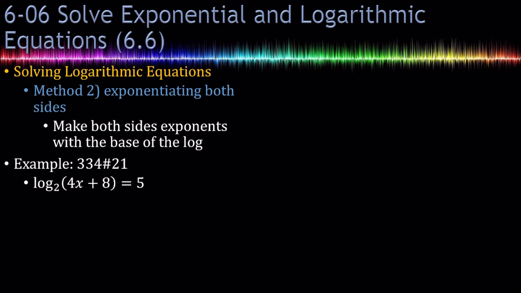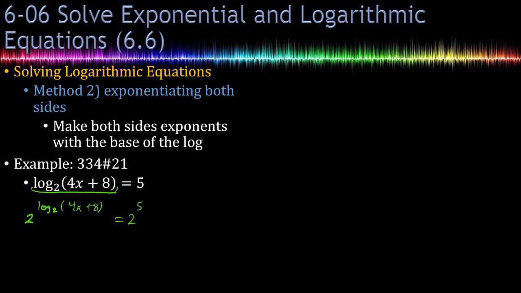We can't do method 1 because there's no logarithm on the right side, so we need to get rid of this logarithm. First of all, you make sure that the logarithm part is isolated. It is. And then we will take the base of the logarithm and make that the base of both sides. So I'll have 2 raised to everything that was there equals 2 raised to everything that was there.